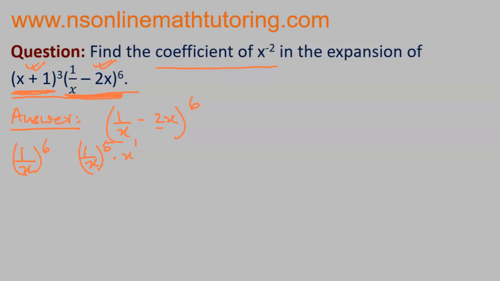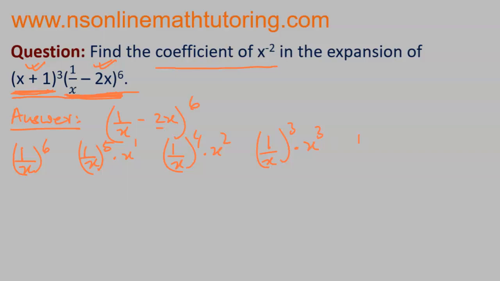Third term, 1 over x raised to the power of 4 times x square. Next, 1 over x raised to the power of 3 times x cubed.